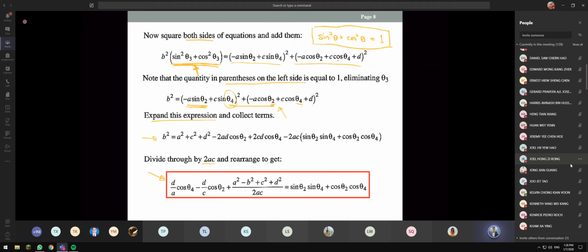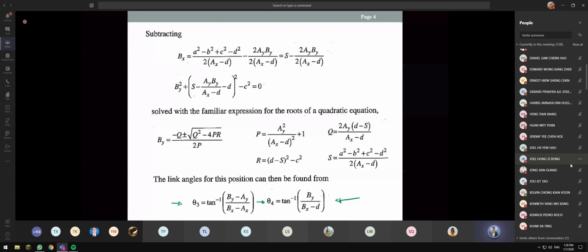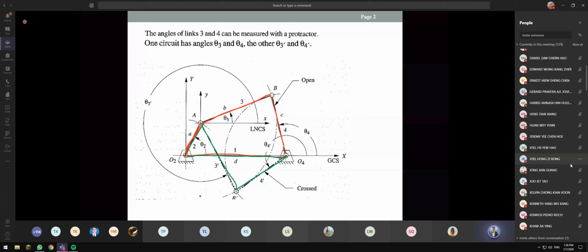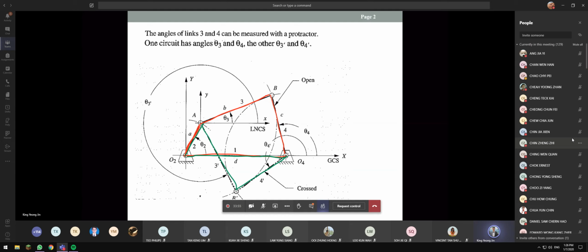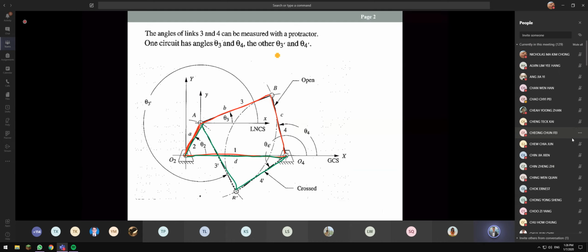In a graphical way, what is it representing? At the beginning of the slide, we have this. With the same theta 2 and link length info, meaning A, B, C, D are given and theta 2 is given, there are two possibilities for the arrangement of the links. One is the red color one, the other is the green color one.